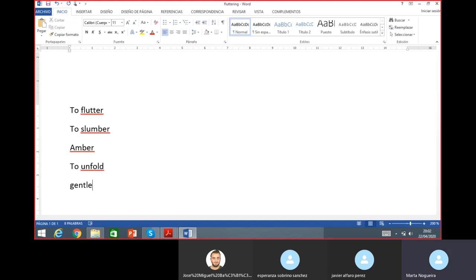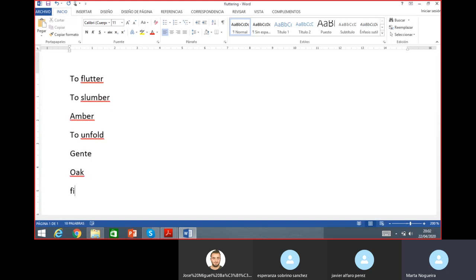Gentle as wood smoke rising, butterfly after butterfly, leaves the safety of oaks, in this case, oak is roble, okay? And fir trees. Fir is abeto, okay?